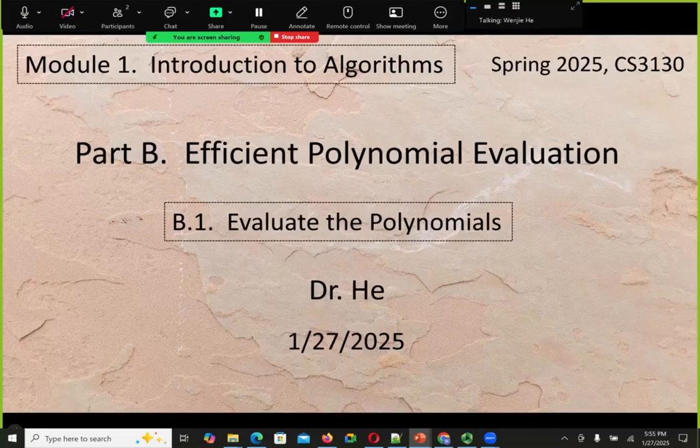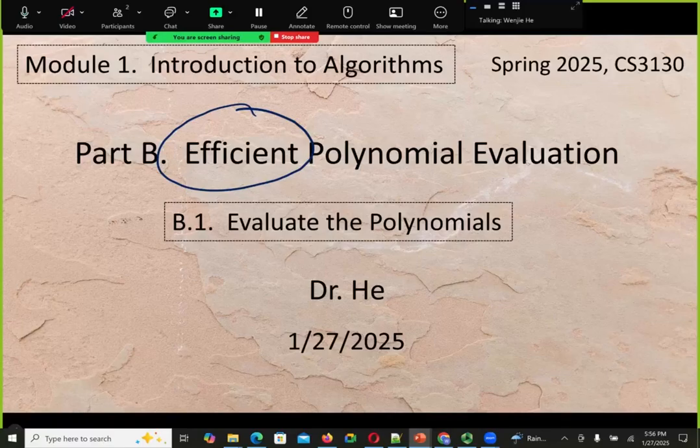But the problem is whether your polynomial evaluation is efficient or not. That's the higher level question. Is it efficient? It may not be efficient, right? So we want to answer that question, regarding computation efficiency.